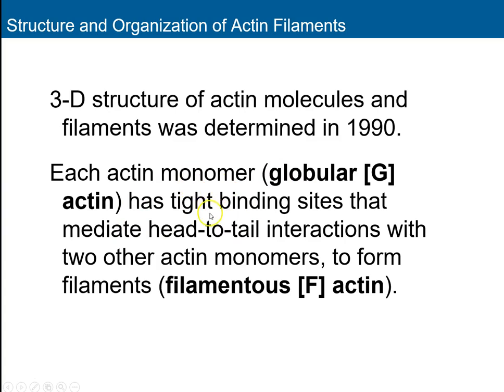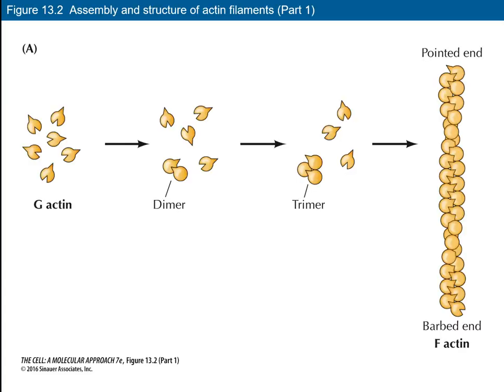But there are binding sites on each actin monomer, and basically that's going to help form these filaments, okay? So if you see globular actin, that's just talking about one actin monomer, and you're going to see a picture in a second, it'll make a little more sense. As opposed to filamentous actin, meaning there are a bunch of these actin monomers together to form those filaments, like I showed you in that other picture before.